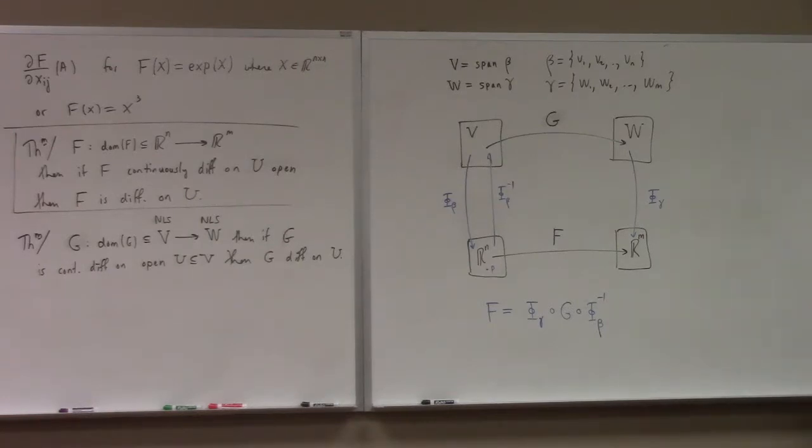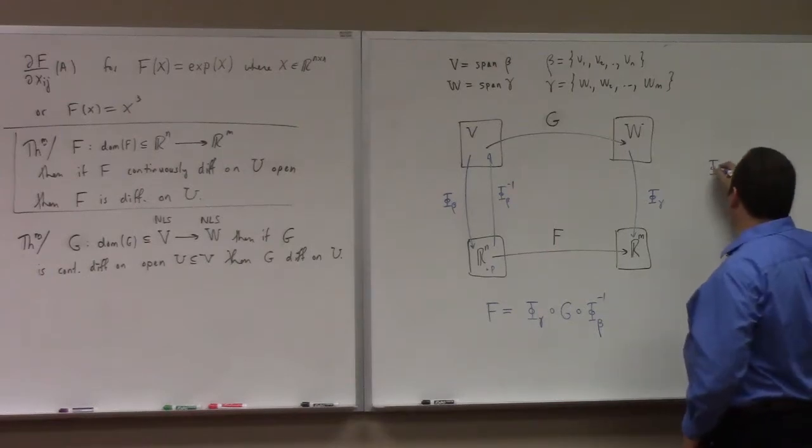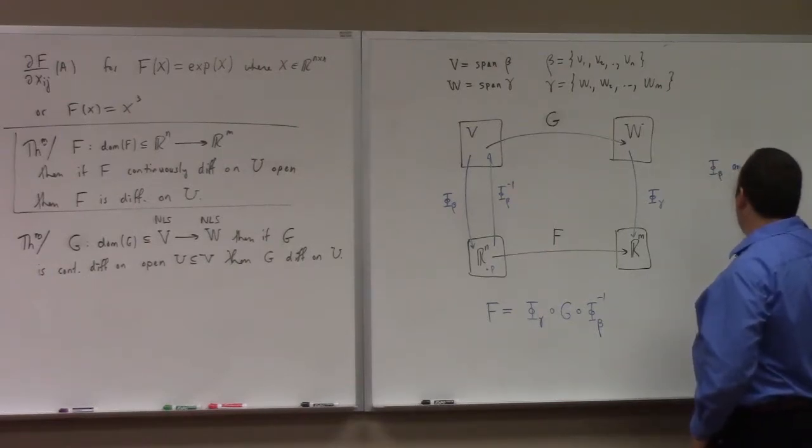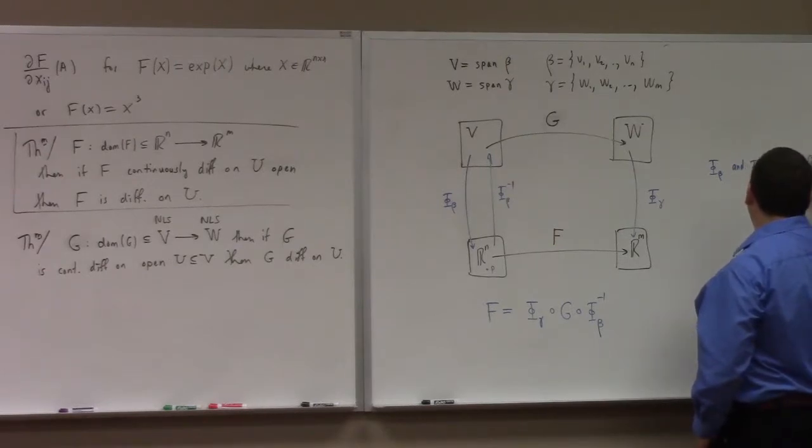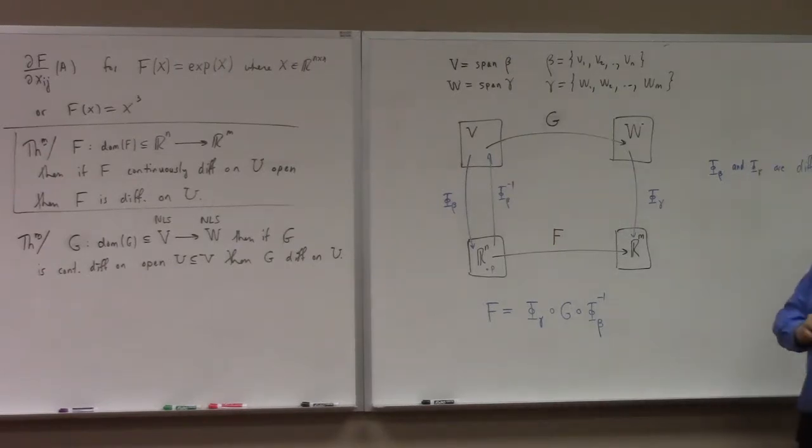It's fine. Now, the beautiful thing here is, what can we say about the coordinate maps? In fact, this is a homework problem. Phi beta and phi gamma are differentiable. In fact, they're differentiable with differentiable inverse.